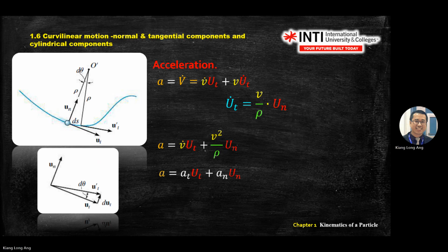Recap. When you're given a curve, I change the shape a little bit. When you're given a curve, straight away go to the dot. Depend on the direction of the object. So let's say this object moves up. Straight away, where is your tangent? Your tangent is this direction. Where is the normal?